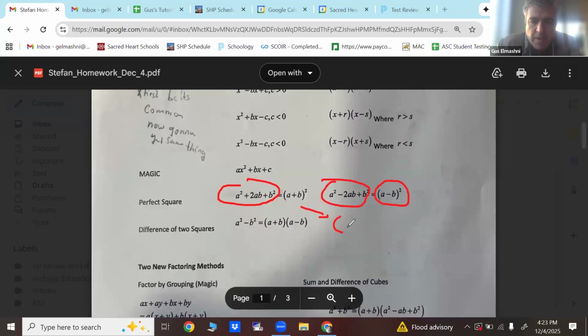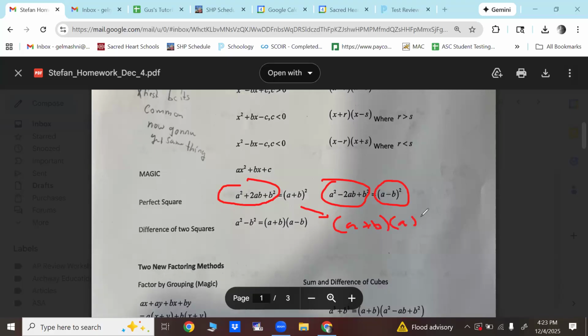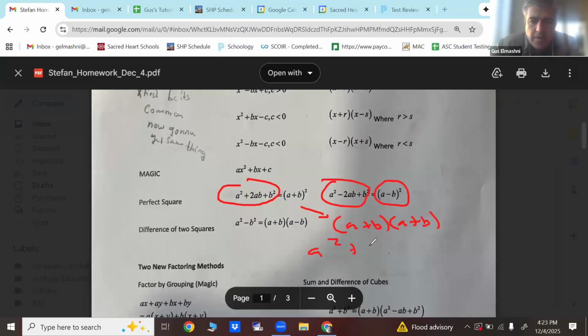Because if you multiply a plus b with itself, a and a is a squared, then ab plus ab plus b squared. So that's why that makes sense.